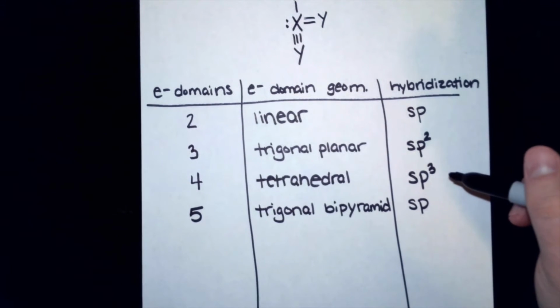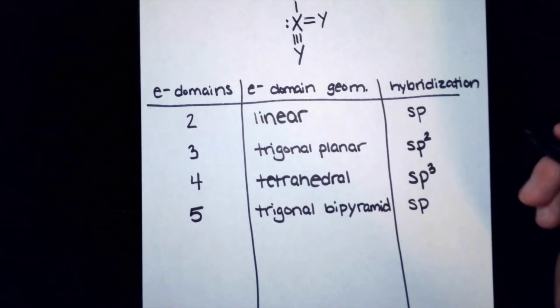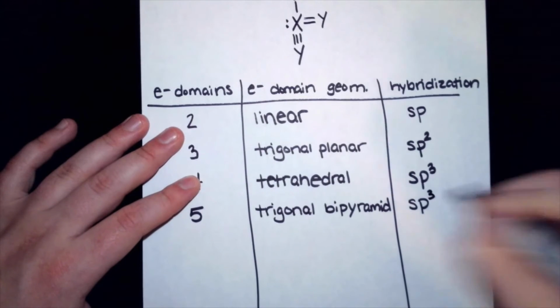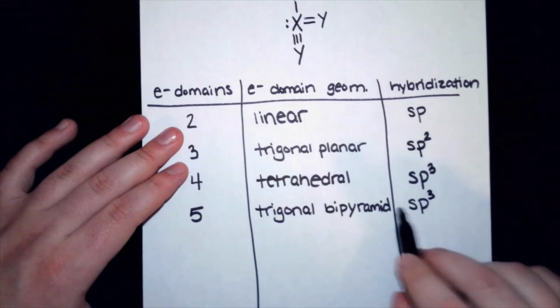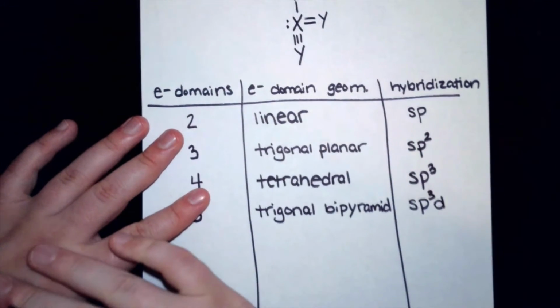So we can't go sp4 because there is no 4th p orbital to contribute to the hybridization. So you have to think about what orbital would come after a p. Now we get into the d orbitals. We still have sp3, but that's only 4 orbitals, so we still need 1 more. So we give it 1 d orbital.